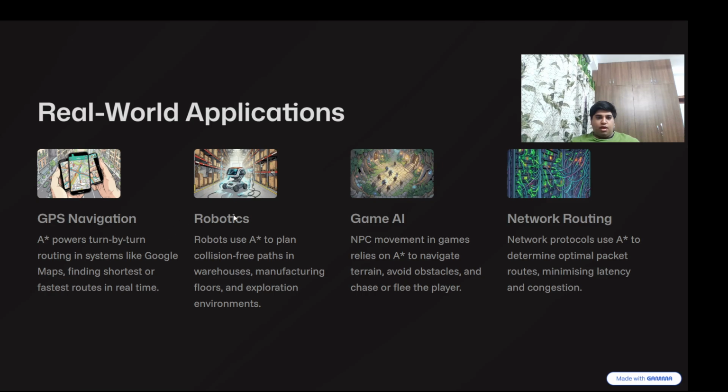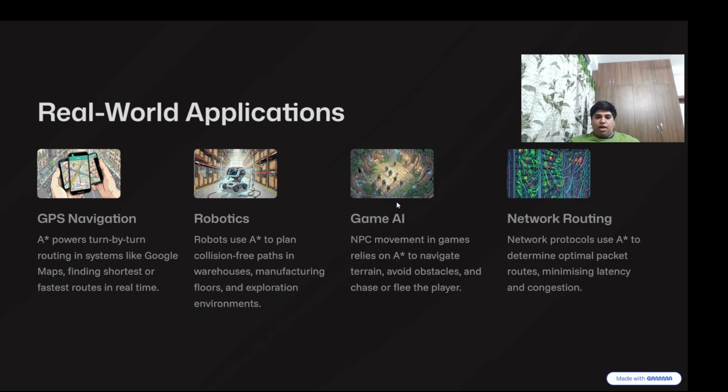Similarly, robotics uses A star to plan collision-free paths in warehouses, manufacturing floors, and exploration environments. Collision-free paths basically means finding a path without any hindrance or without disturbing the other robots.